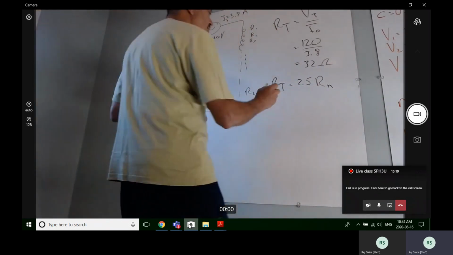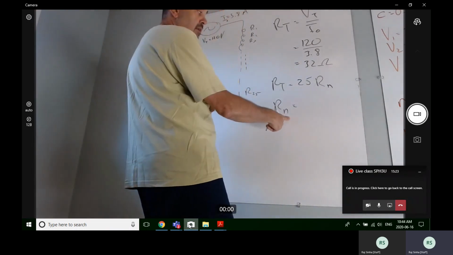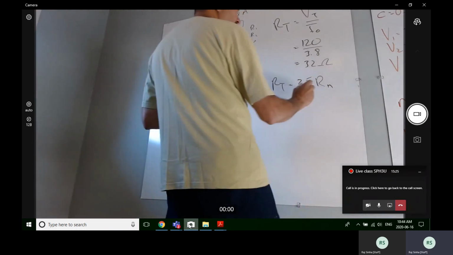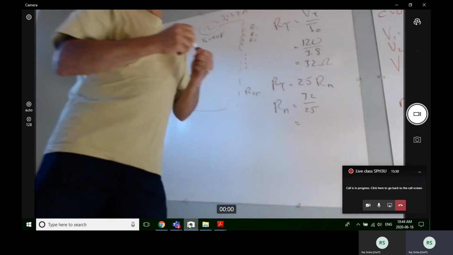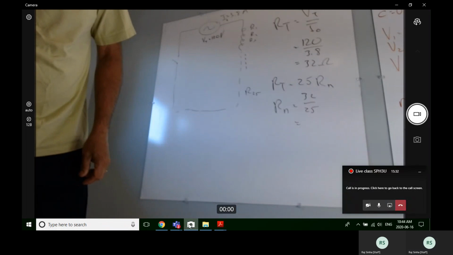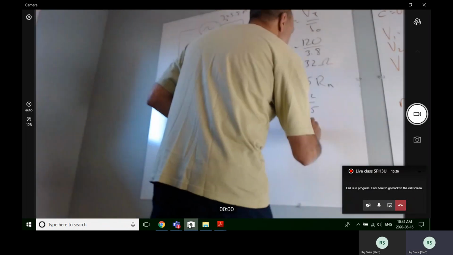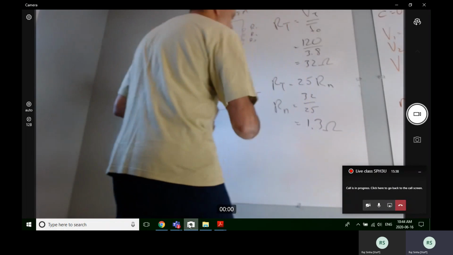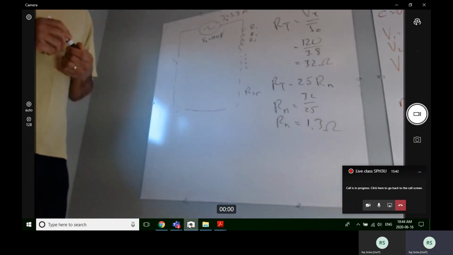So the Rn, which is the resistance of any one bulb, is going to be RT divided by 25, and the resistance of each bulb turns out to be 1.3 ohms, for any one bulb. So I now know the total resistance.